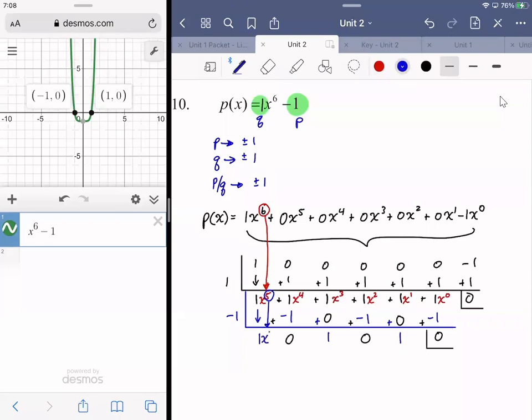So x to the 4th, x to the 3rd, x to the 2nd, x to the 1st, and x to the 0th. All right, tuck in some positive signs there. And we get, when we clean it up, x to the 4th plus x squared plus 1.